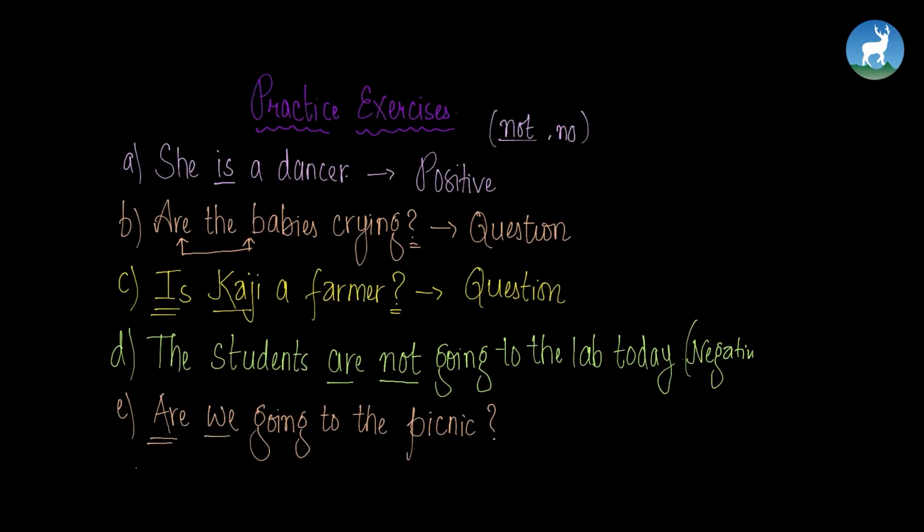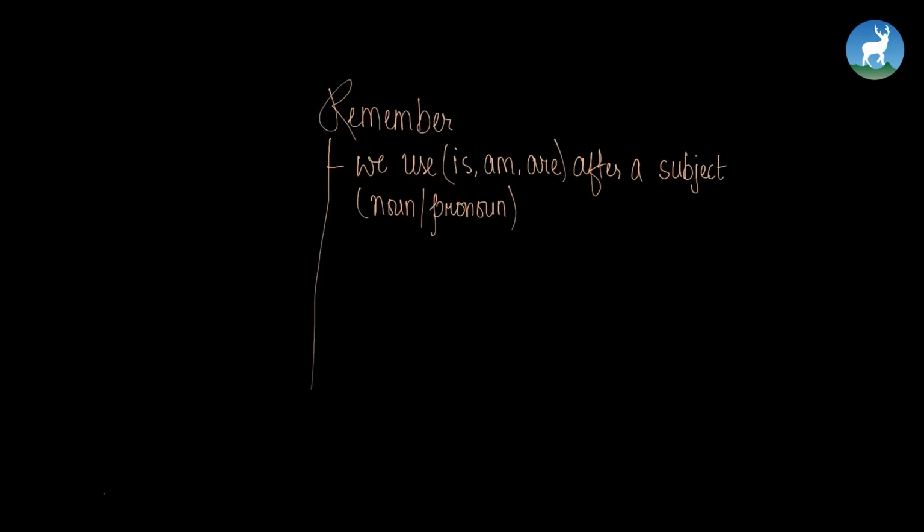And here we have the state of being, are. The places have been inverted from the positive sentence. And there is a question mark. Since there is a question mark and the subject pronoun and the state of being are inverted, it's a question sentence.